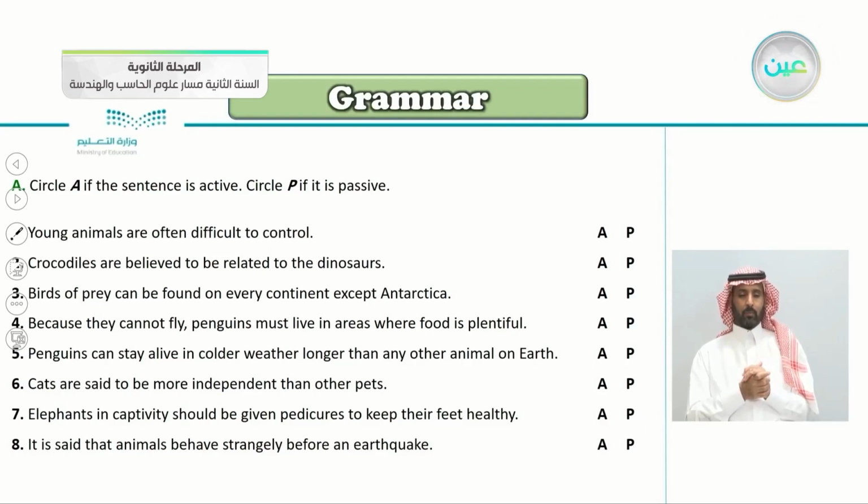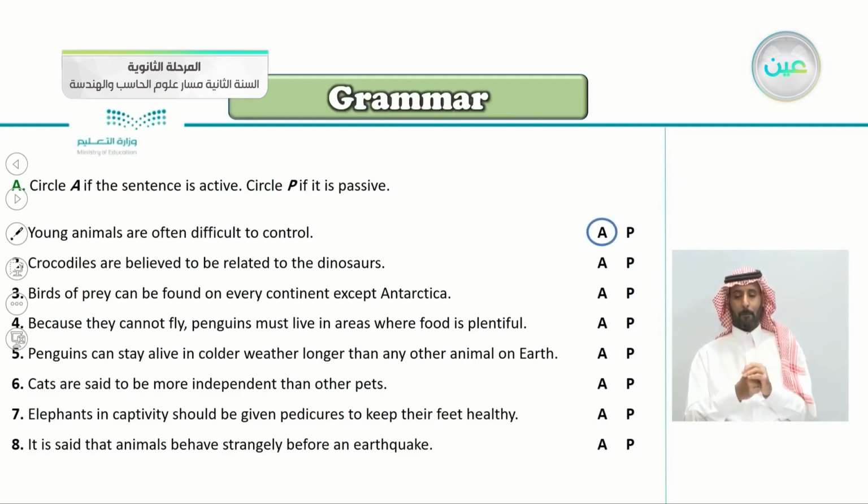So, number one, young animals are often difficult to control. Is this an active or passive sentence? So this is obviously an active.